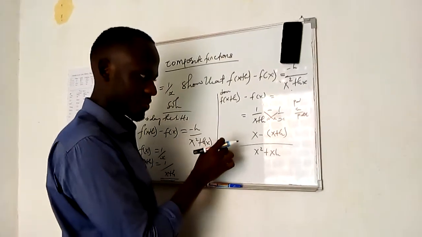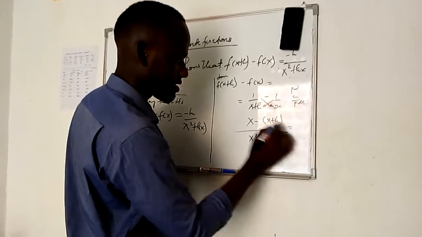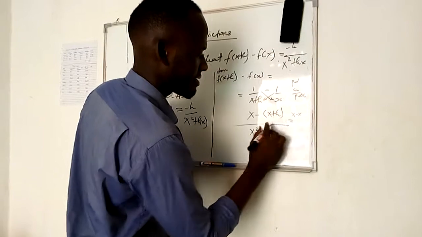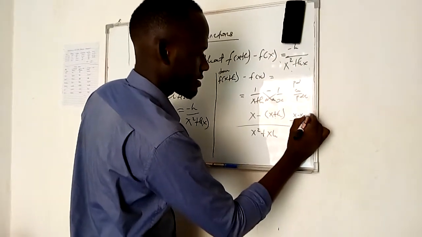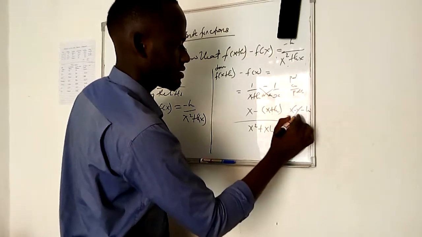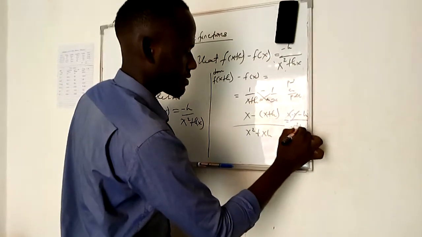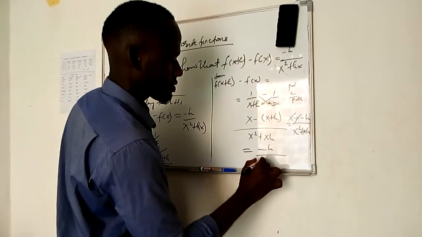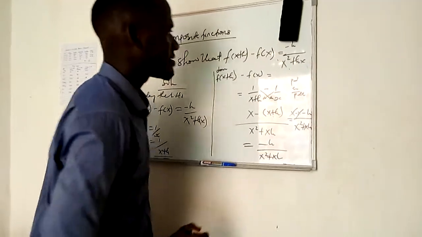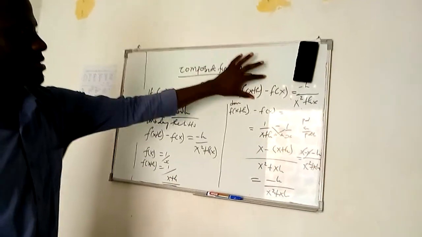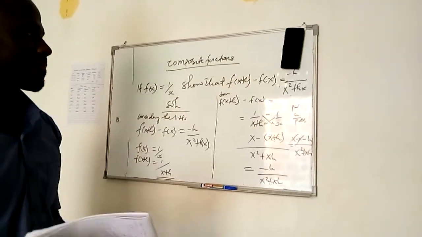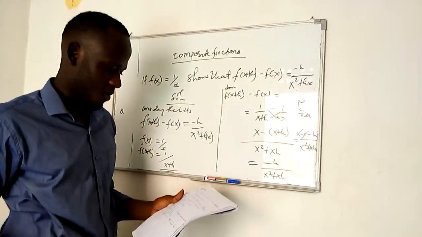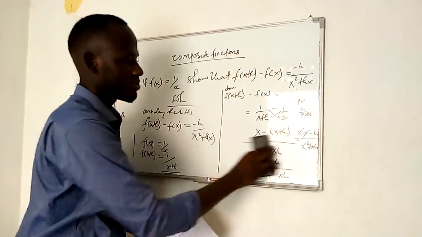When you expand it, after expansion, this becomes a minus: x minus x minus h. You cancel these, this is 0 minus h over x squared plus xh. You get the answer, minus h over x squared plus hx. Hence, this is equal to the other one. That is the easiest way of trying to prove these small things.